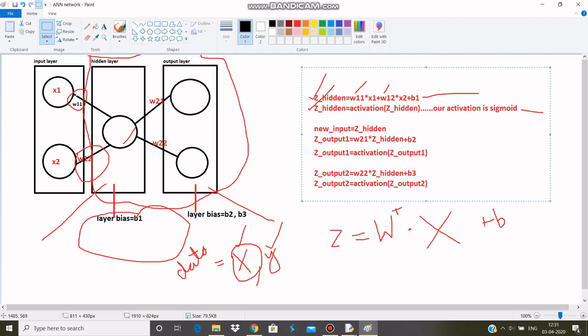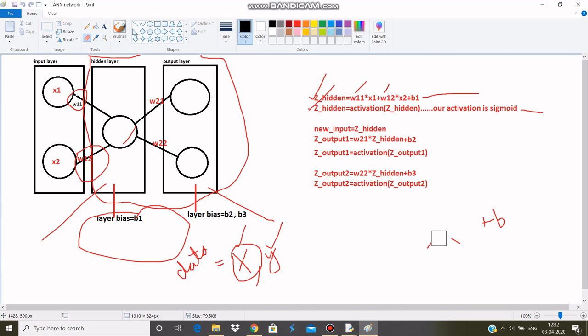Basically our backprop is just the opposite of this, but there are certain different equations. Let me clear these, we don't require them anymore. Let me use the pencil, give me a minute.